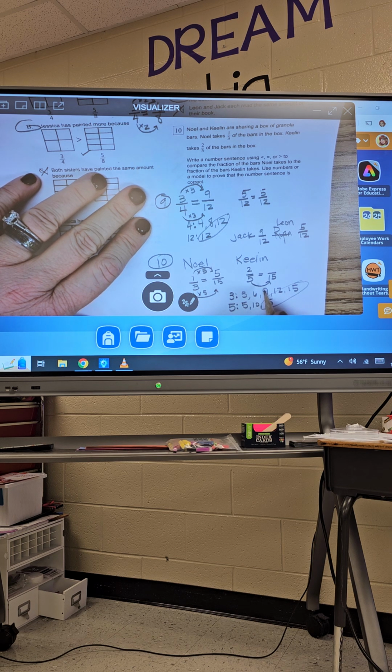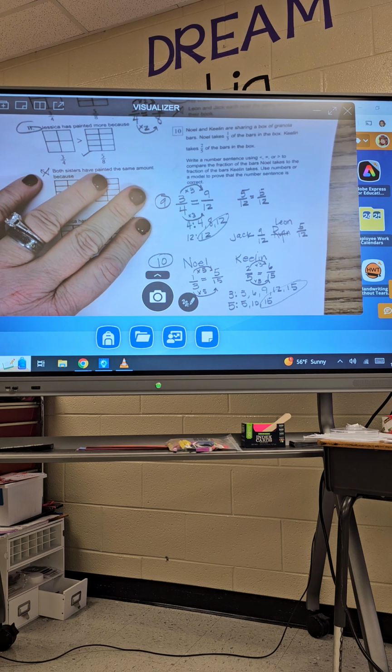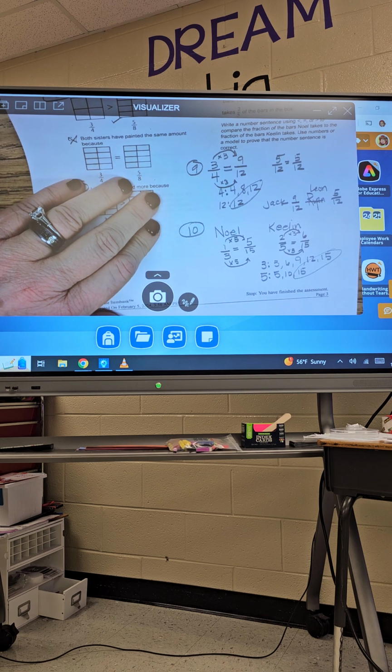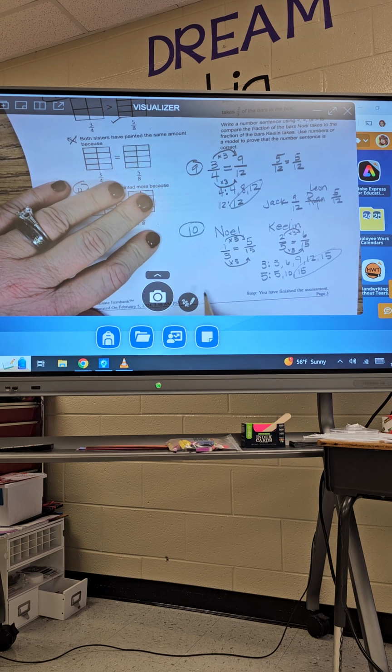2/5, I'm only going to multiply by 3. 2 times 3 is 6. So now I have my fractional pieces that I can compare. Okay? 5/15 is less than 6/15.